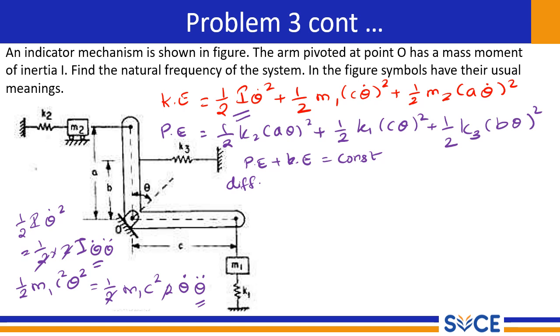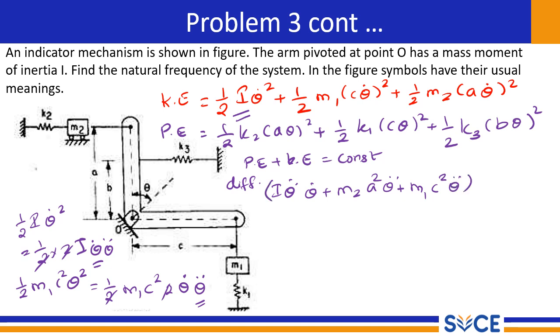So after differentiation, the kinetic energy term can be written as I theta double dot theta dot plus m2 a square theta double dot plus m1 c square theta double dot.